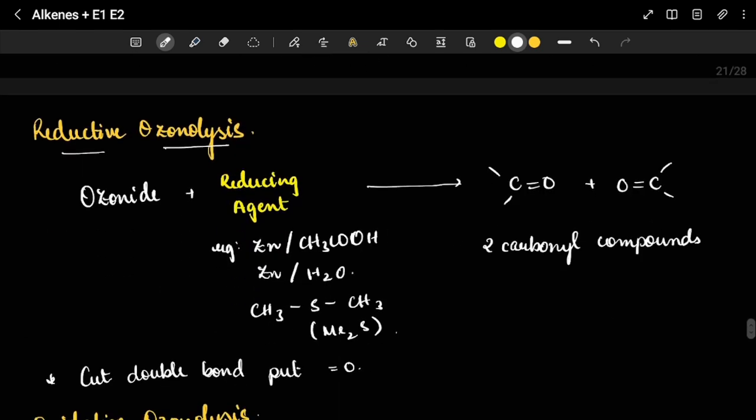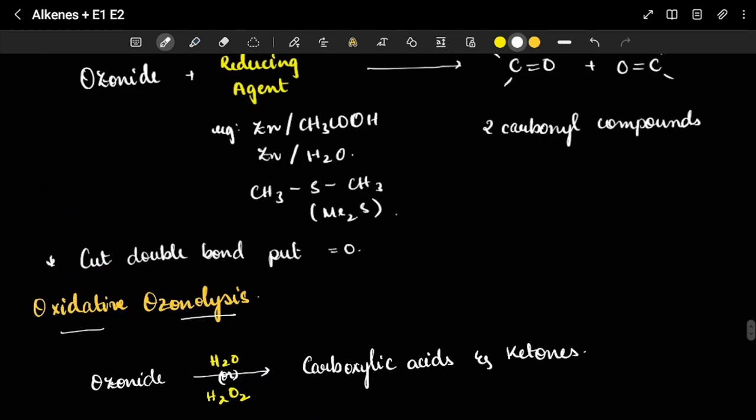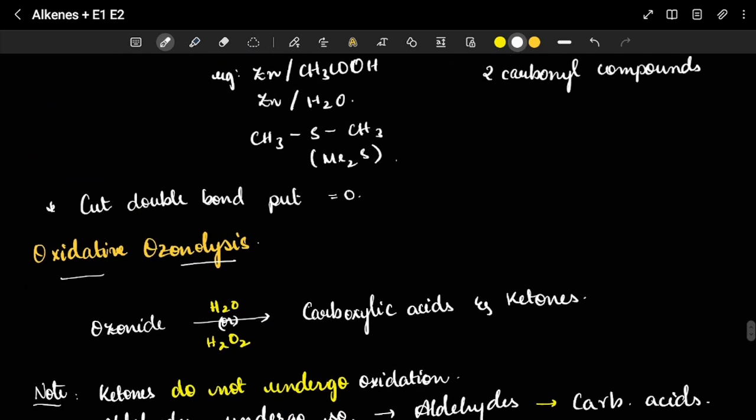Now let's see the reductive ozonolysis part. Ozonide is formed somehow, and now you are going to add some reducing agent. The reaction mechanism is not really that important, so we can just directly go with the problems.